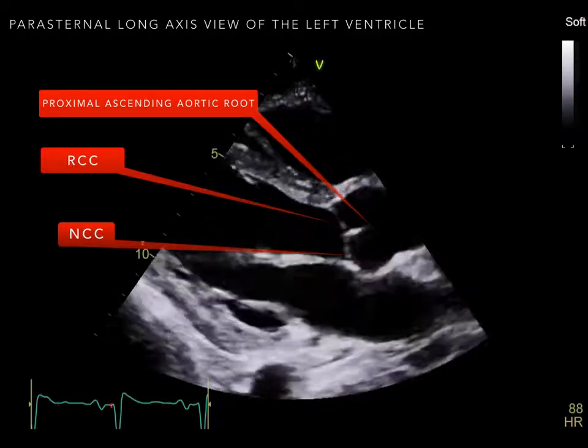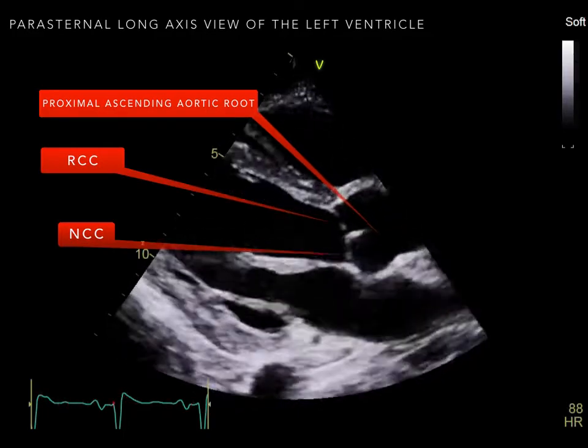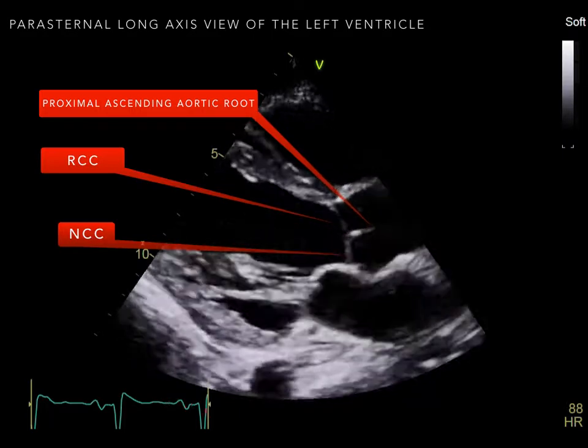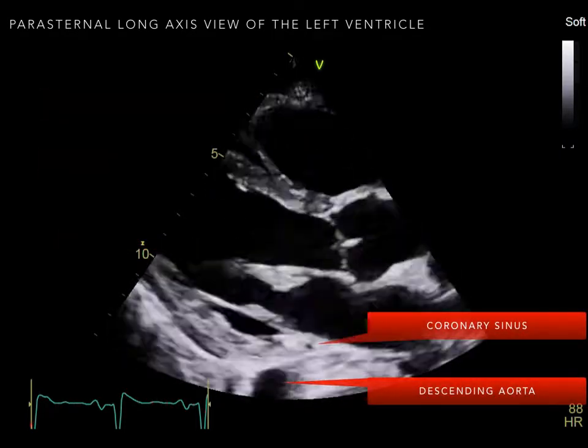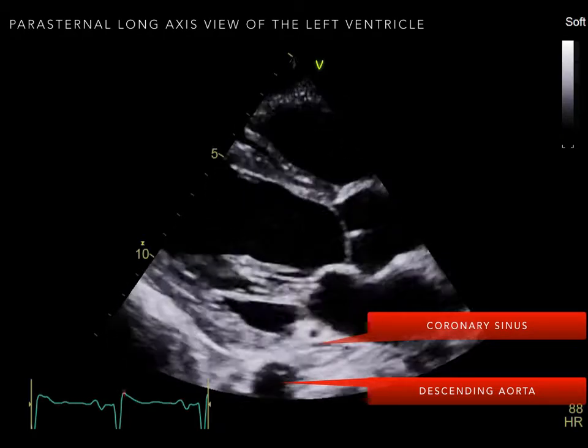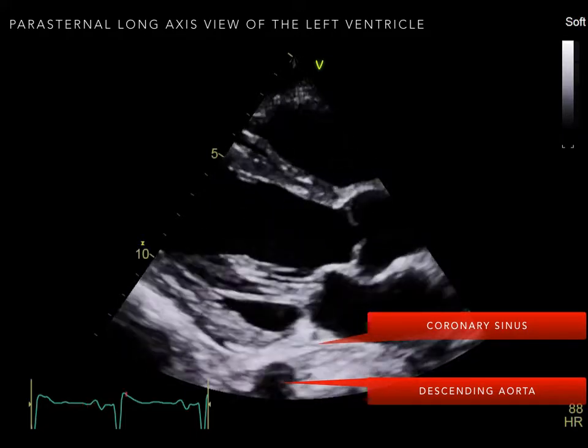Observe the ascending aortic root with the right and non-coronary cusps of the aortic valve. Occasionally, the coronary sinus is visible as a smaller circular structure right anterior to the descending aorta.